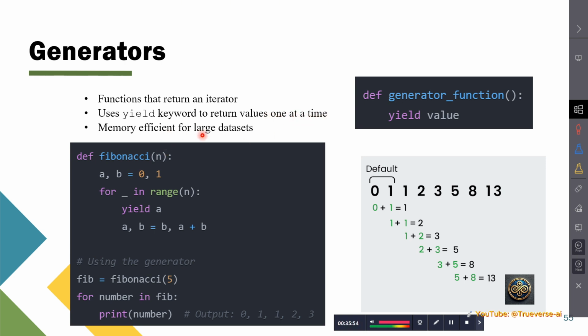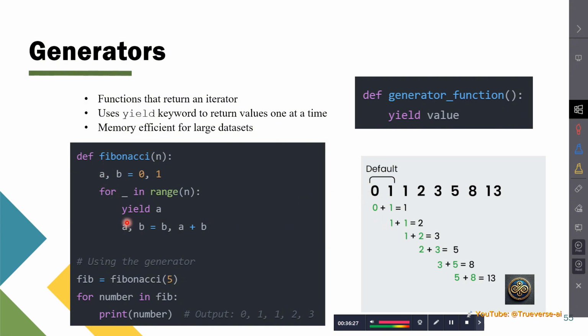Why? Because you want to manage the database, right? Manage memory. So to do so, instead of return, you put yield. So in that case, every time one number comes out, for example Fibonacci, you define Fibonacci numbers a and b.